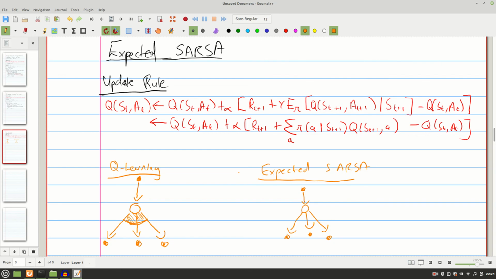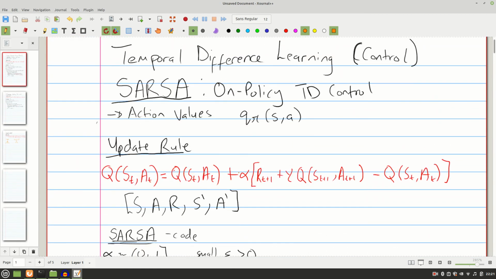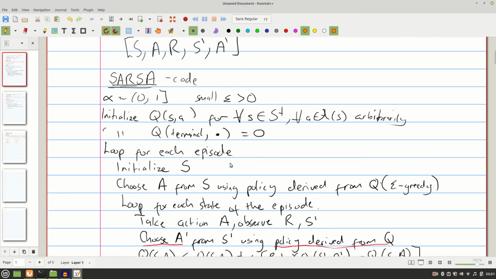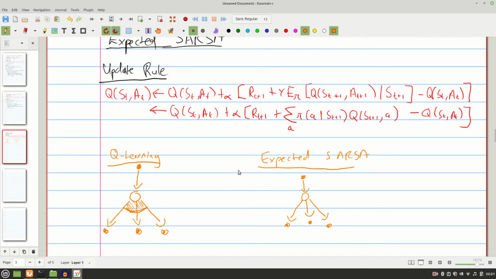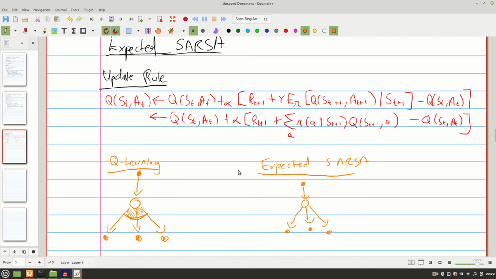Having said that, first of all, I should mention this. When we compare SARSA to expected SARSA, we already identified that one problem with SARSA is that there is a lot of variance due to the randomness in how we select our actions.